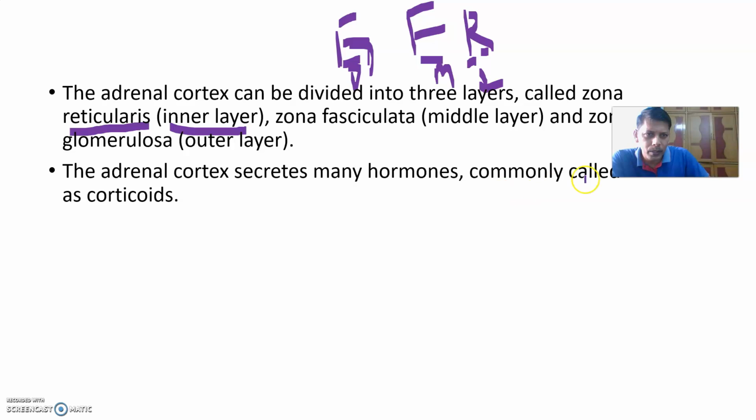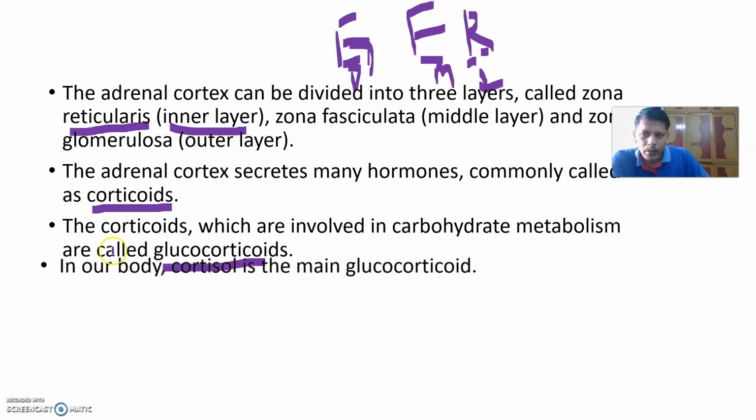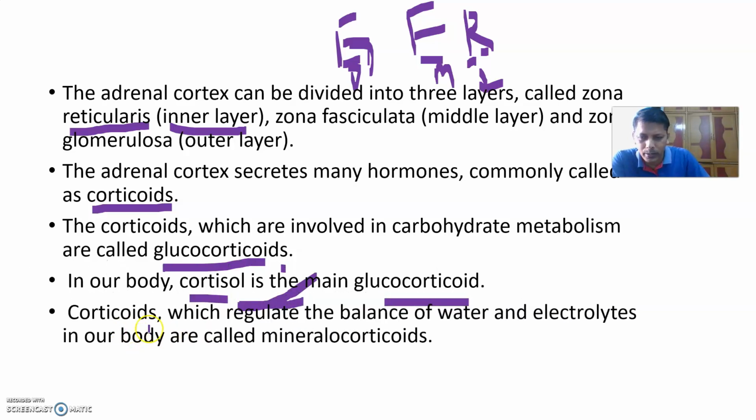The adrenal cortex secretes many hormones commonly called corticoids. We learned that one also. The corticoids which are involved in carbohydrate metabolism are called glucocorticoids. In our body, cortisol is the main glucocorticoid. There are other glucocorticoids also, such as cortisone, but the main glucocorticoid is cortisol.